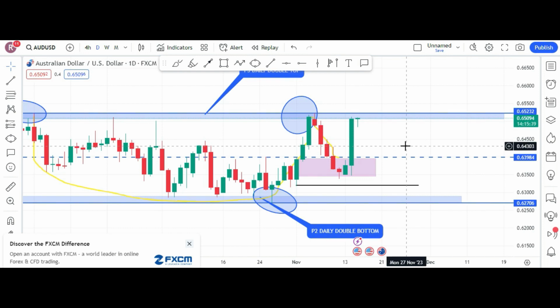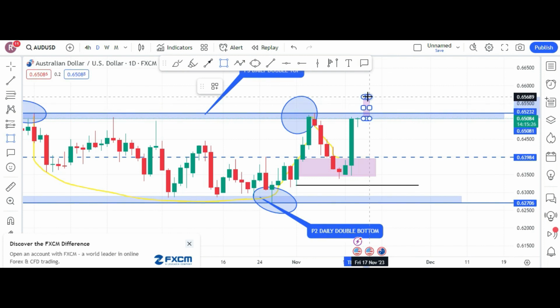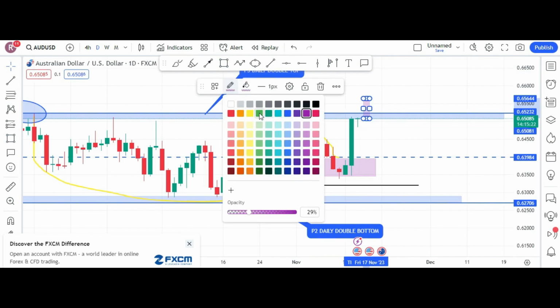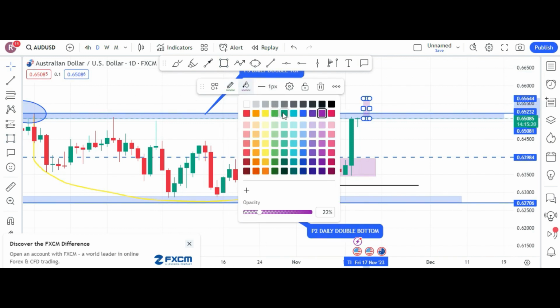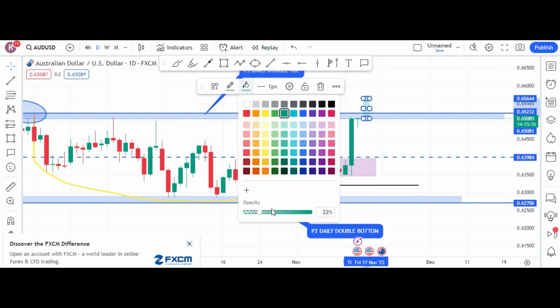So one option I am giving you, you can take a long or buy trade if, remember it, if we have a green candle here, very clearly, it has to be a green candle. And let me make it a little bit like this.